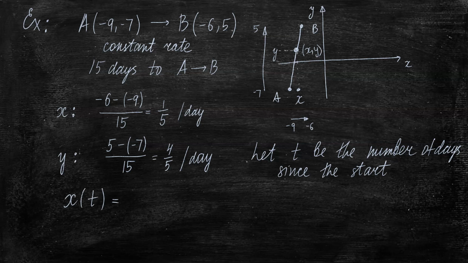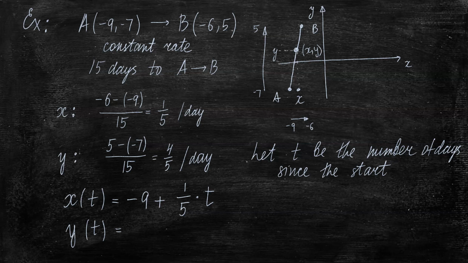Well, we started at -9, and then we advance 1/5 per day, but we are t days into it now. So this is how we find the x coordinate at time t. It's very easy to check. Just set t equal to 0, you should be at point A, and set t equal to 15, you should be at point B.